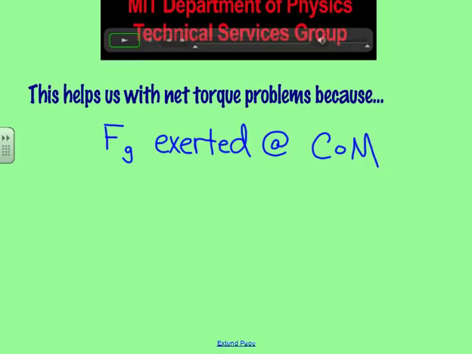That means when we're looking at a net torque problem from here on out, we're looking at all the forces acting on it, we will include the force of gravity, and the force of gravity will be located at the center of mass of the object. For a uniform object, an object where its mass is evenly distributed throughout, and it has a regular shape, the center of mass is at the center of the object.